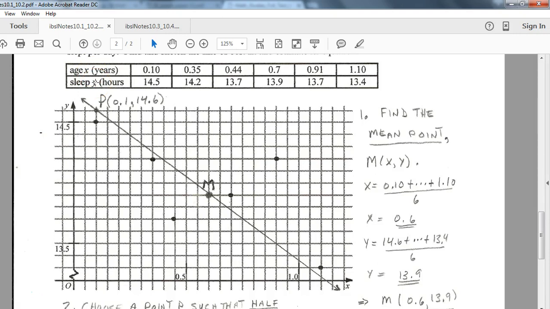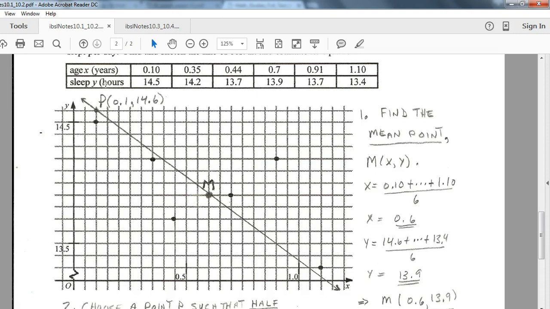And so what we're going to see on this is basically, because it's negative, the idea is, well, that must mean that the more years I have, the less I sleep, or the older I get, the less I sleep. And there are going to be questions that ask you to interpret things like that. So make sure that you understand how to describe what we're finding with the relationship.